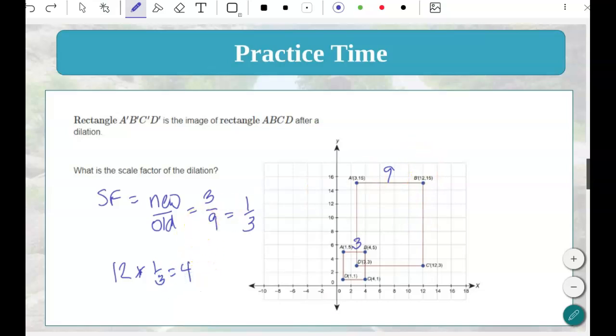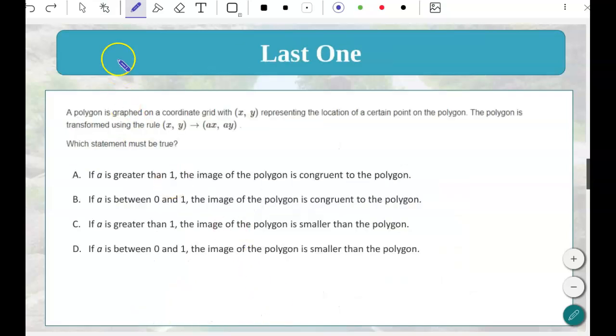So that's all that is saying. On the next slide, this would be 1/3 x, 1/3 y. So that is the algebraic rule, which we'll actually get into in more detail in our next lesson. But we'll go ahead and look at this one because it's really not too complicated here.